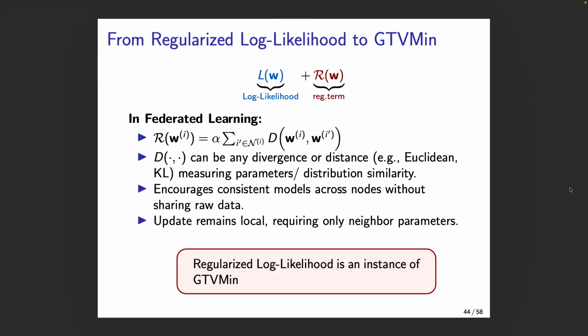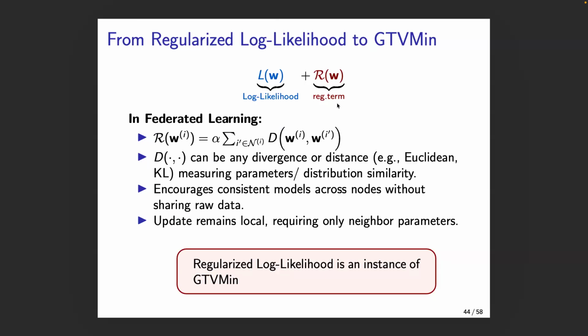Now we have this regularized log likelihood optimization problem. So how do we move from this to federated learning with GTV mean optimization? Because in this course, the main focus is the GTV mean formulation. To formulate it as a GTV mean optimization problem, we have to appropriately choose this regularization term.